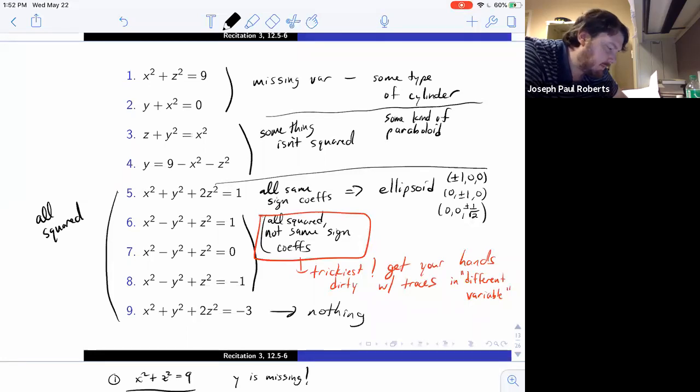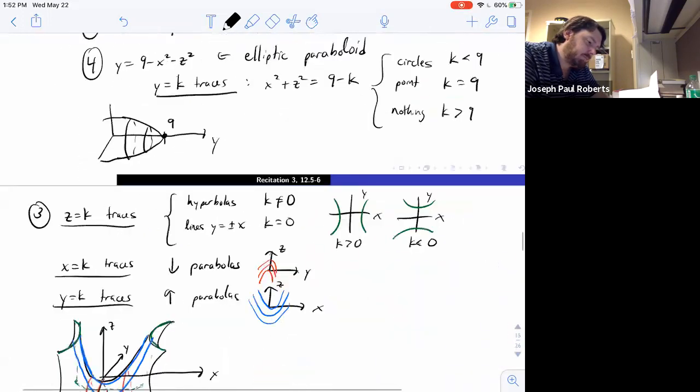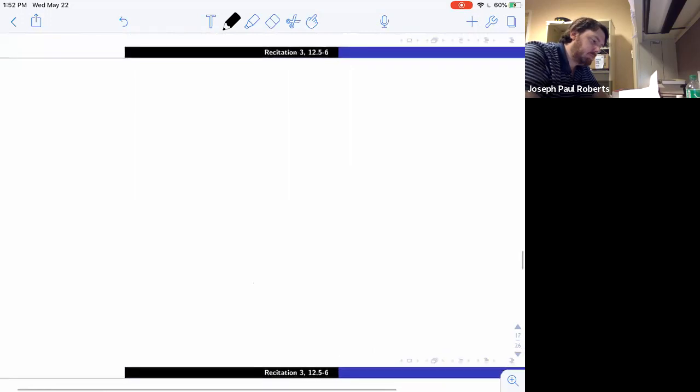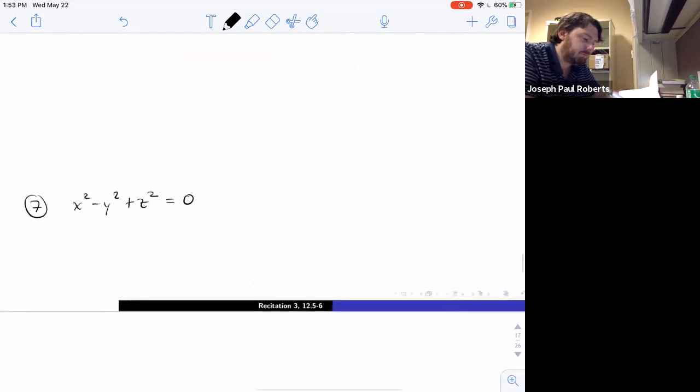So what we're going to do for 6, 7, and 8 is look at the y equals k traces. So 6 was x squared minus y squared plus z squared equals 1. 7 was x squared minus y squared plus z squared equals 0.